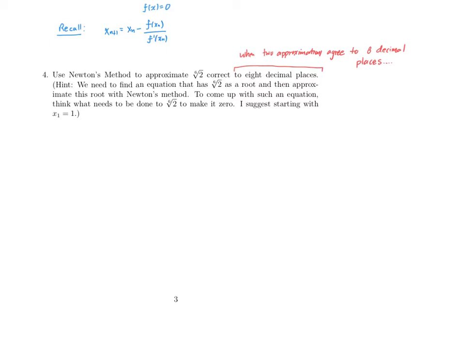In order to approximate the 6th root of 2, we need to think of a function f that has the 6th root of 2 as a root. So what I want you to think about for a moment is, what would you have to do to the 6th root of 2, algebraically, think in terms of raising powers, adding and subtracting, to get back 0?